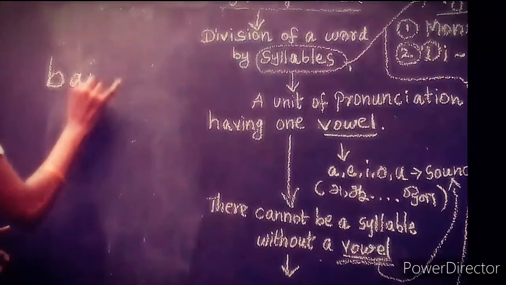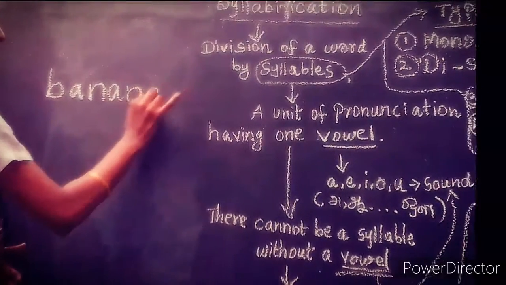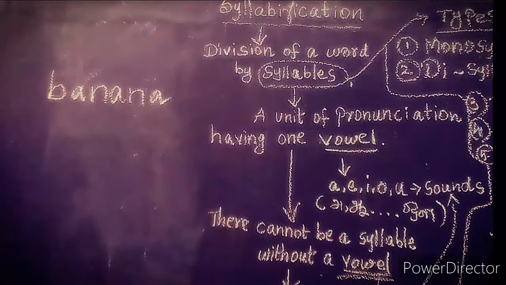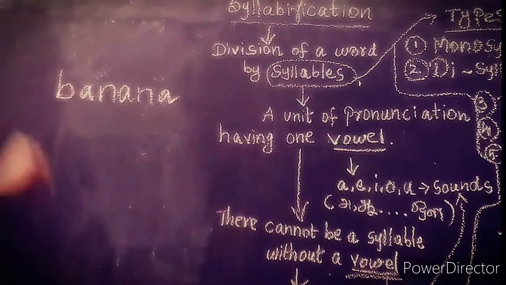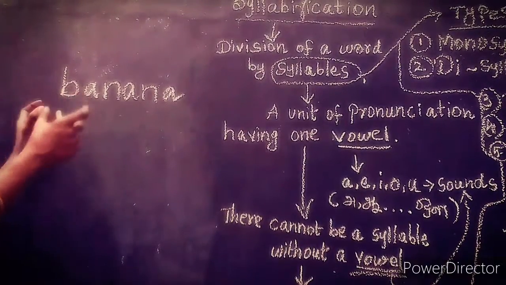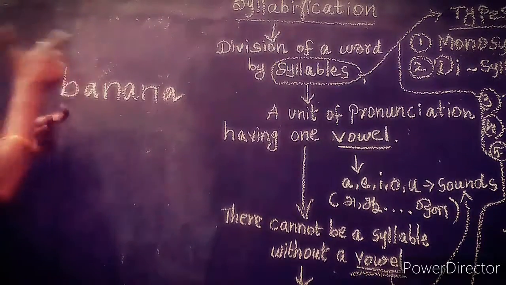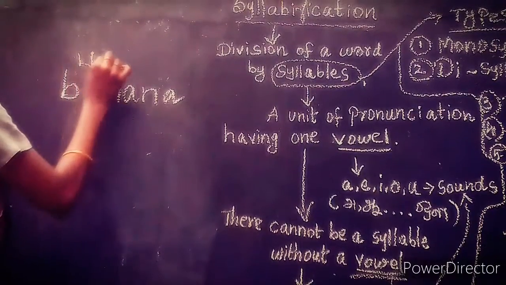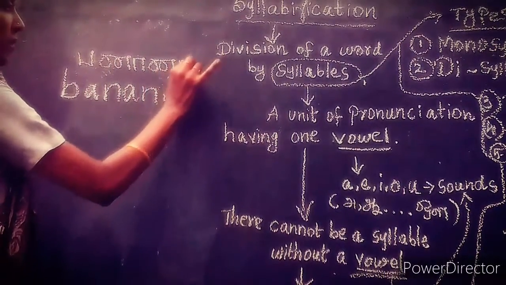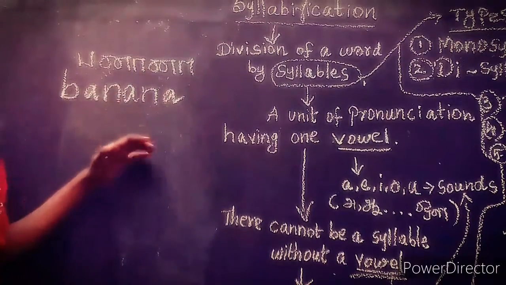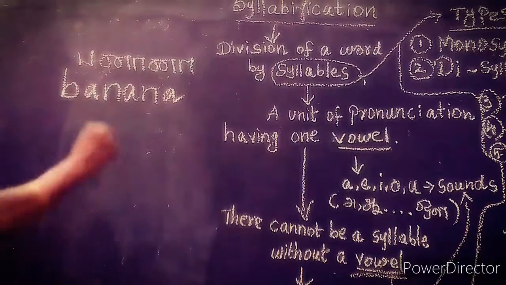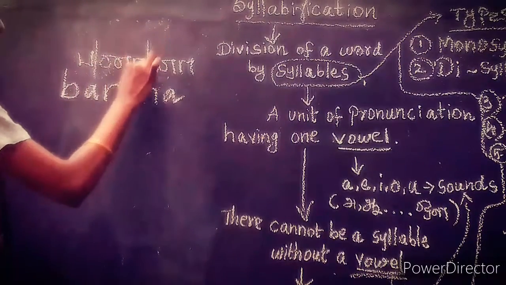Again, we'll take the same example, banana. And I told you each syllable should have one vowel sound. Okay. Before syllabifying a given word, you write the particular word in Tamil. Ba-na-na. Okay, banana. As per our rules, each syllable should have a vowel sound. Ba-na-na.